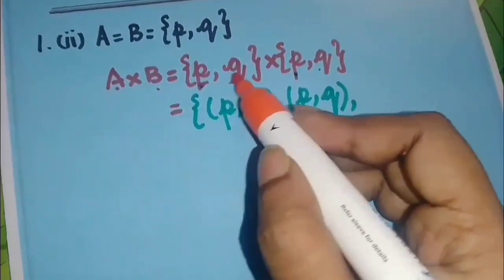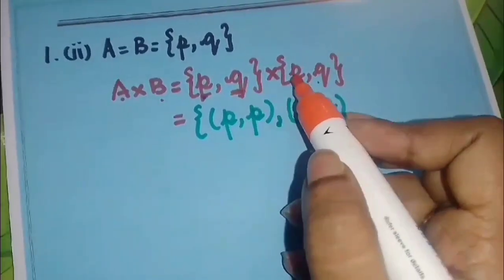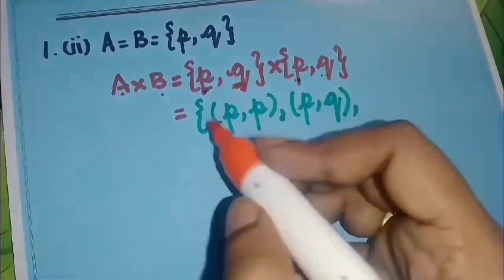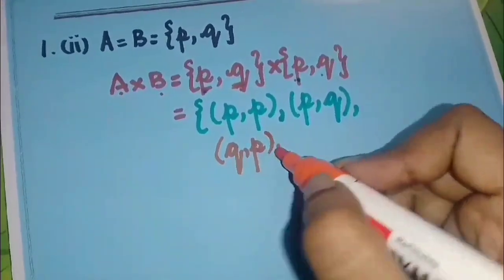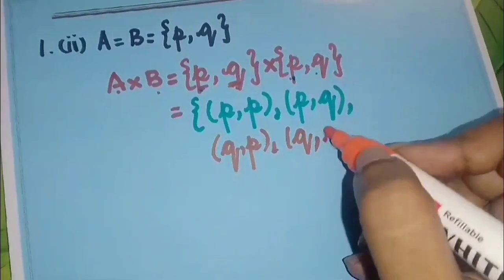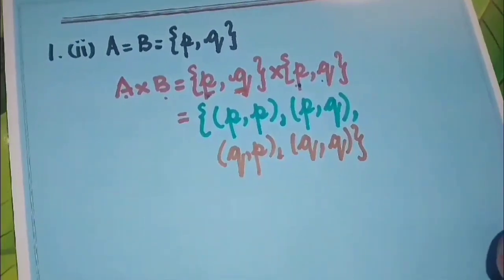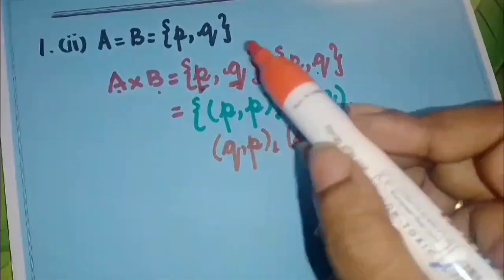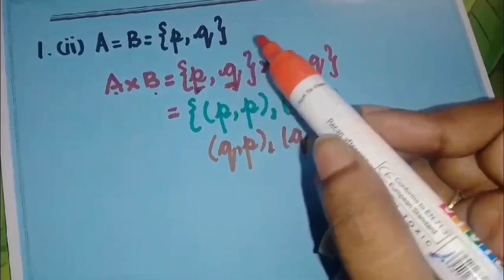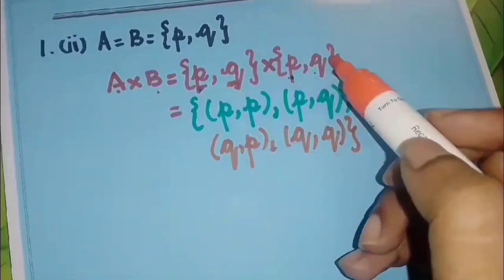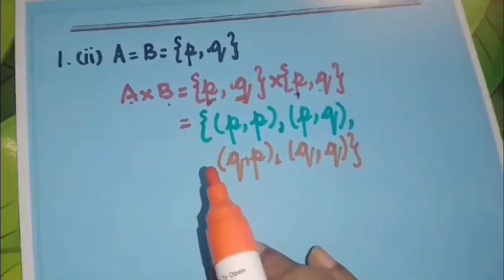We'll be pairing with Q, the set of all possible pairings with Q. So Q will pair with P and Q will pair with Q. So Q comma P and Q comma Q will be our next set of ordered pairs. We have exhausted this set. There are no other elements in this set. We have found the set of all possible ordered pairs. So this is our answer.